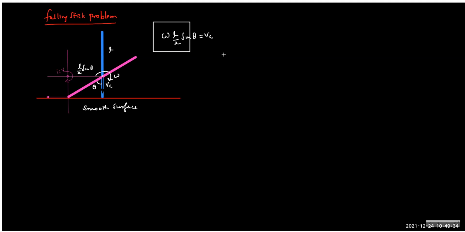So this is the nice consideration which we need to know. Omega is related to Vc, so once I give you Vc, you can find the omega. And you can also find the moment of inertia about the ICR. What is I about the ICR? I_CM plus m times (L by 2 sin theta) whole square.